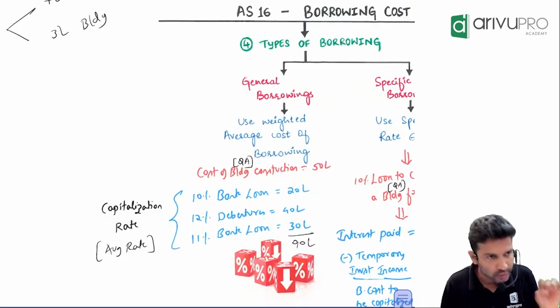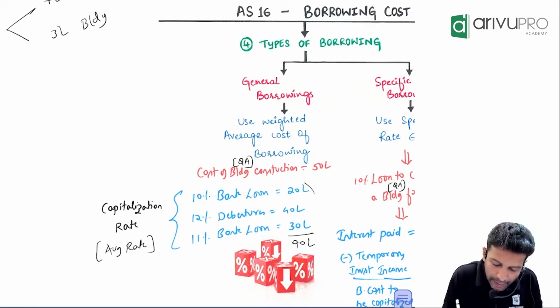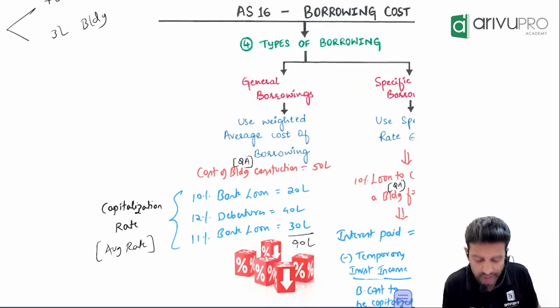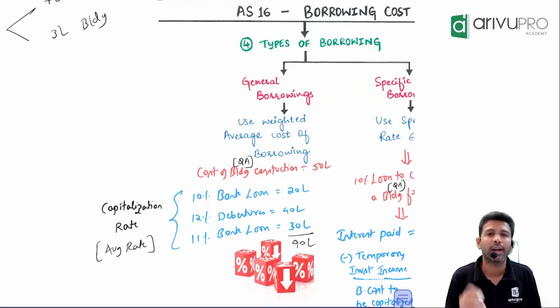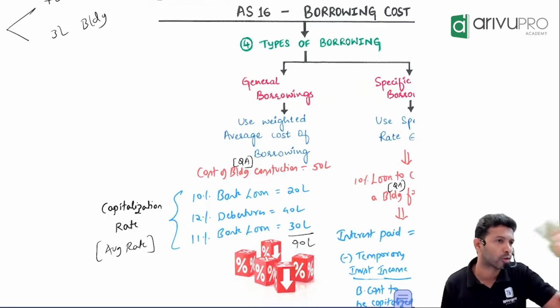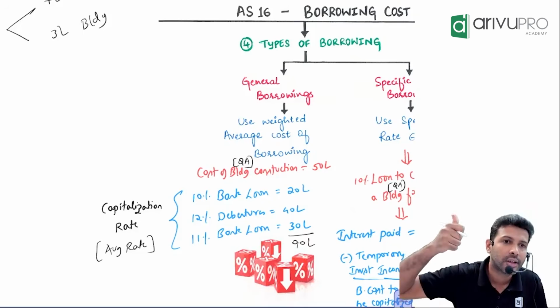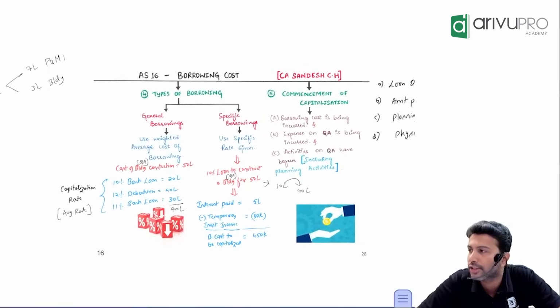So no mapping or identification is necessary. You find the capitalization rate and utilize it. How this works, I'll take you through one problem. But conceptually, are we clear with this? Need a minute to process or carry on?